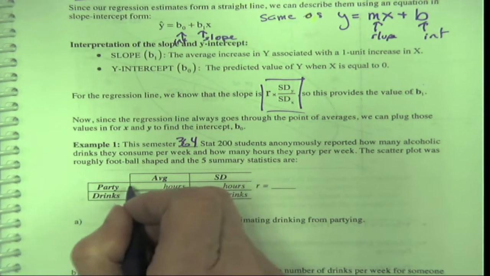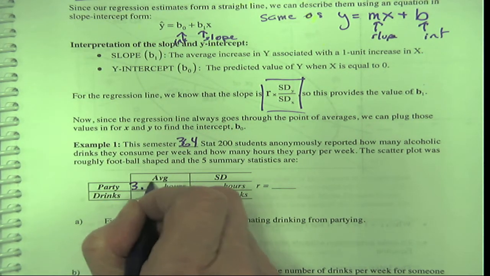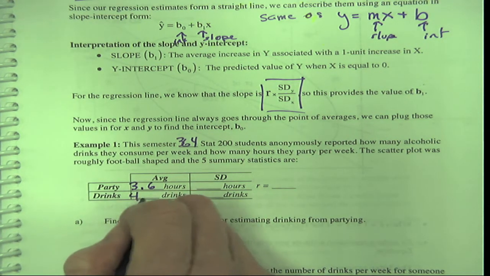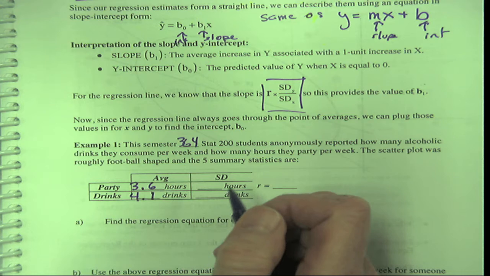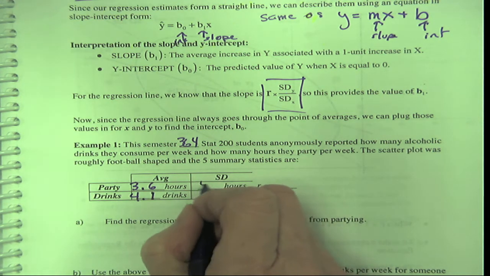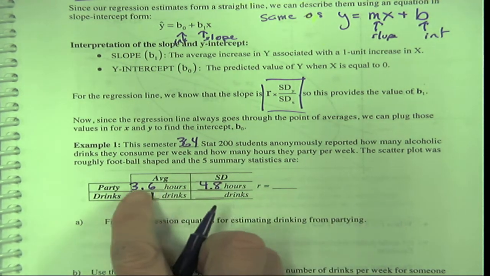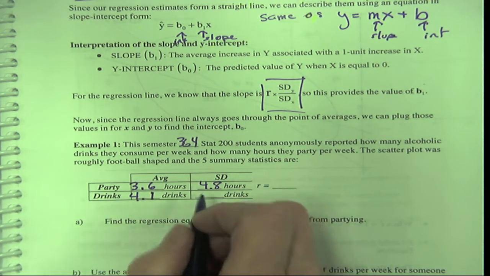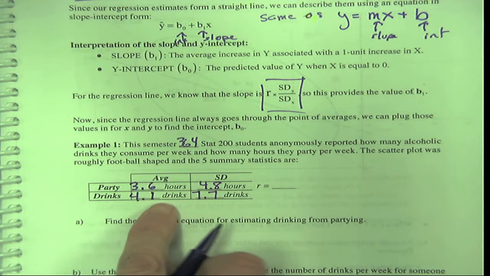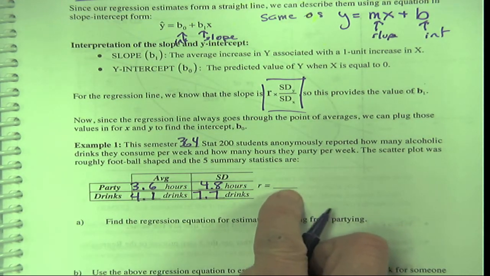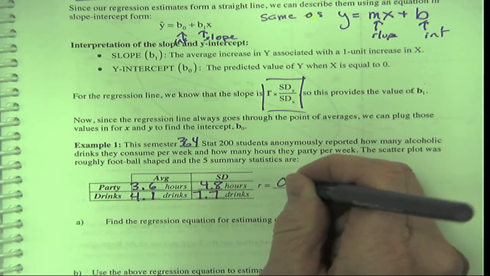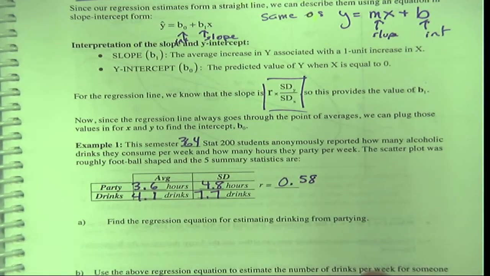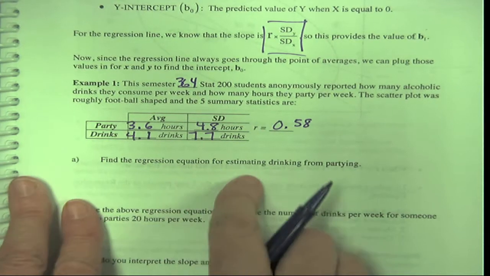But here, the average number of party hours that you guys answered this semester was 3.6, and 4.1 for drinks, with a standard deviation of 4.8 for 3.6, and 7.7 for 4.1. All right, now R we saw was about 0.6, it was 0.58. That's the real data I got. Now, how do we find the regression equation from that?